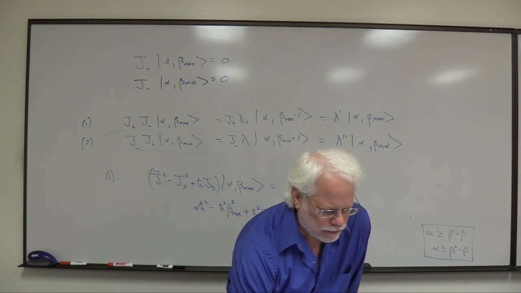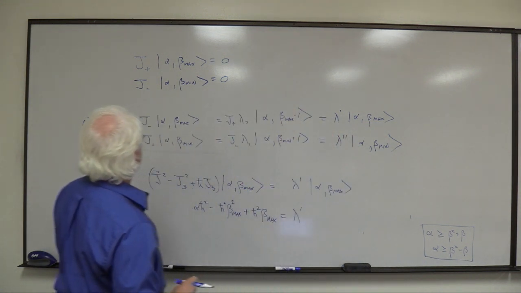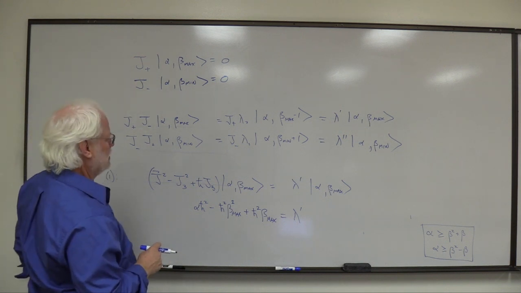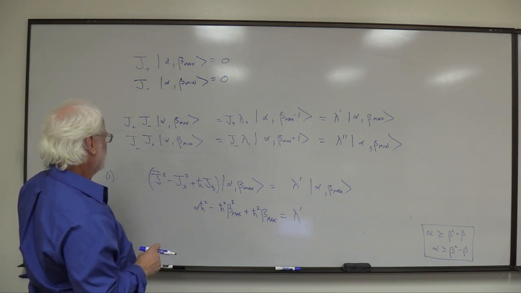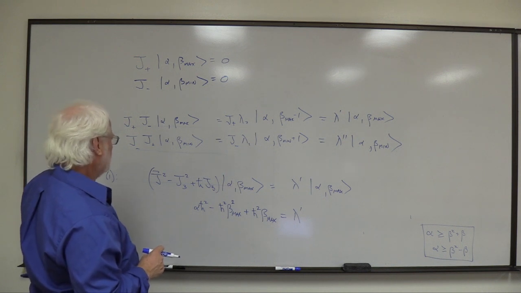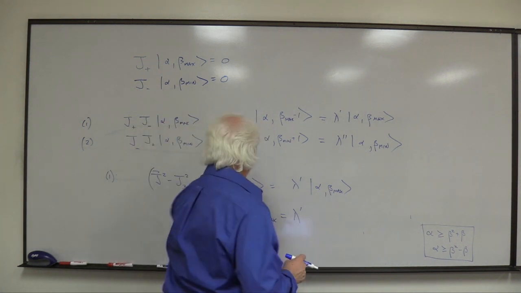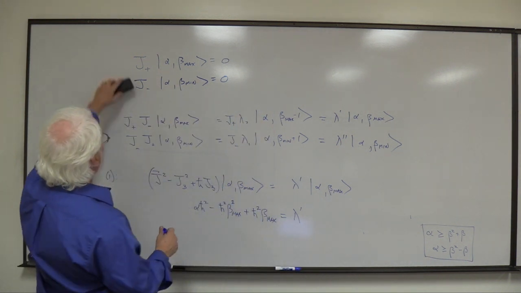Oh, and I've done it backwards. Rats. I should have applied these to these so I'd have zeros. Sorry. Okay, let's revise this.